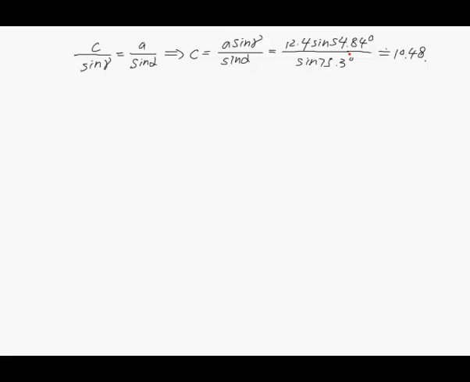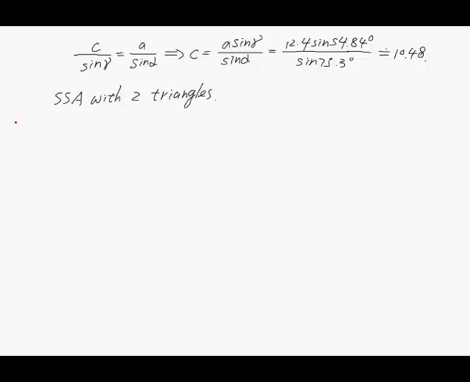Any question? Now let's look at one more example, and we'll deal with the most difficult and also the ambiguous case. So this is the SSA with two triangles.